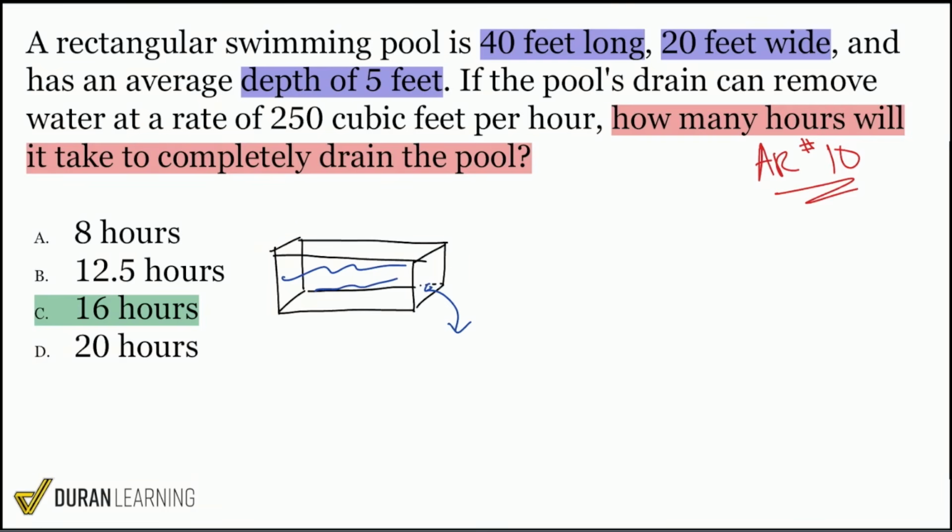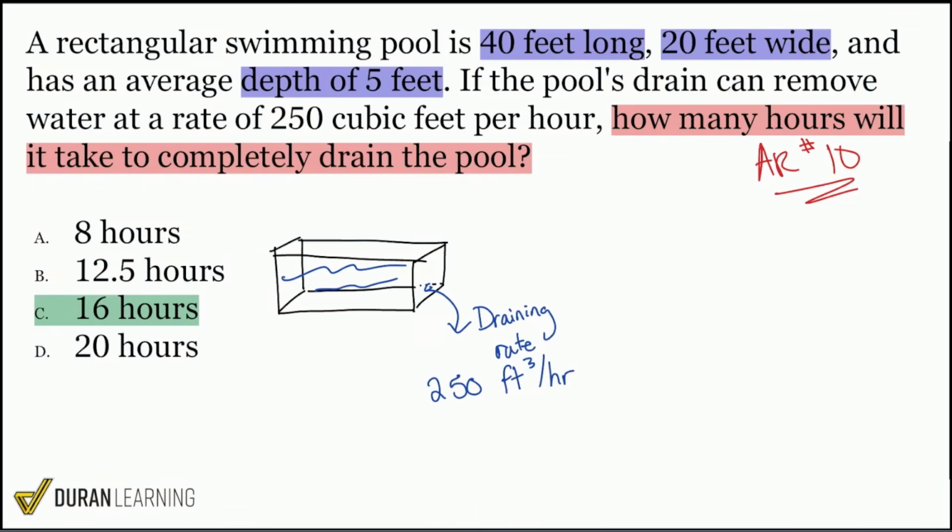So how do we do a question like this? Well, you think about it in the sense of, what's the flow rate, the draining rate? That's going to be 250 cubic feet per hour.